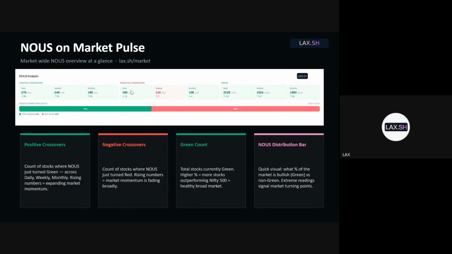Anybody who can explain why negative crossover numbers for daily and monthly are green? Try it. It does not cost you energy. Yeah, probably monthly is all looking good. Daily it went bad and it's reversed, and weekly has still not reversed.